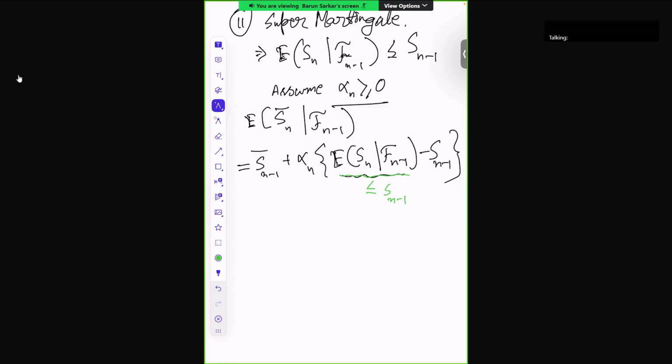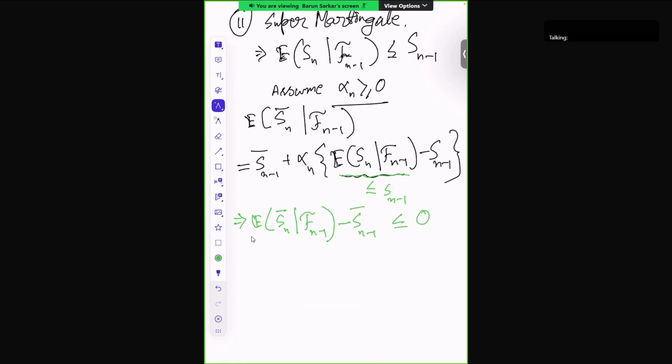So this will imply that the expectation of Sn bar given Fn minus 1, minus Sn minus 1 bar, taking this to one side, is less than or equal to 0.